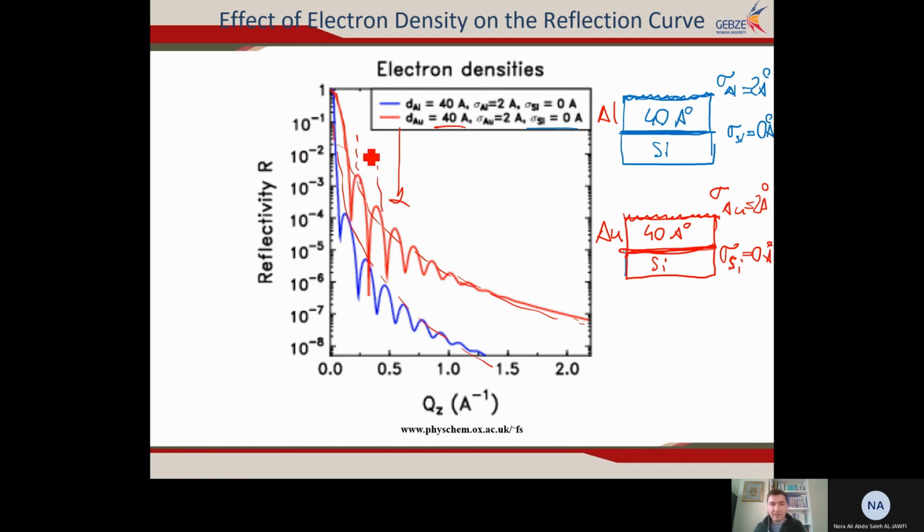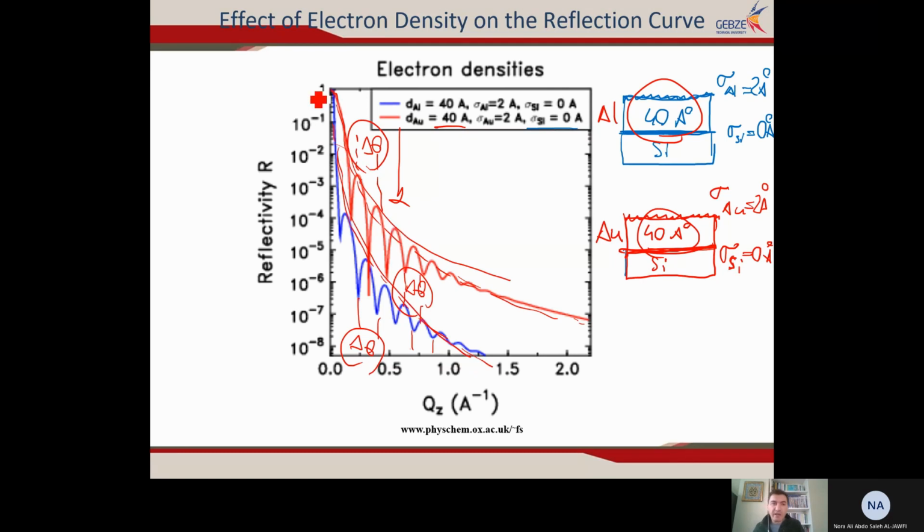Here we have delta theta or delta Q. Look at this delta theta or delta Q, and look at the delta theta from the blue one. So they have the same delta theta. Delta theta does not change because they have the same thickness. But the total intensity dropped a lot.